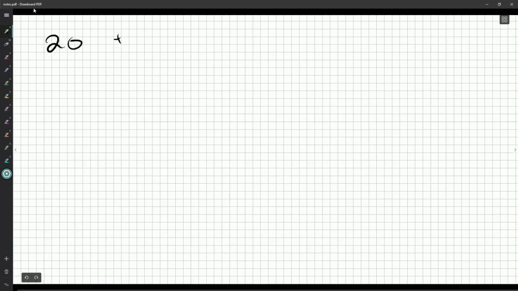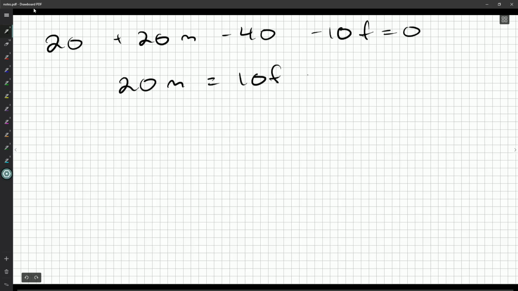So we get 20 plus 20m minus 40 minus 10f is equal to 0. Now we should get a relationship between m and f. And so 20m is equal to 10f plus 20. Divide by 10, 2m needs to be equal to f plus 2.